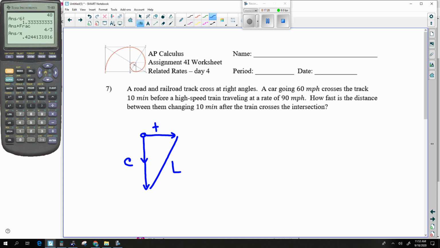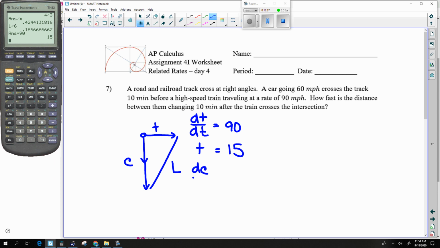So here we go. The train, different type of t. What is the train moving at? 90 miles an hour. What is the length of that train's travel? 10 minutes is 1/6 of an hour at 90 miles an hour, so that's 15 miles beyond the point.